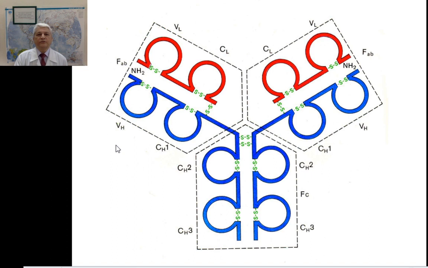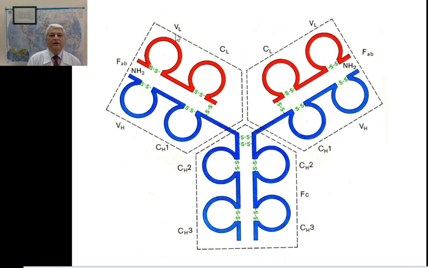You can also see the letters that show the names of domains. Variable domain of heavy chain, first constant domain of heavy chain, second constant domain of heavy chain, and third constant domain of heavy chain.